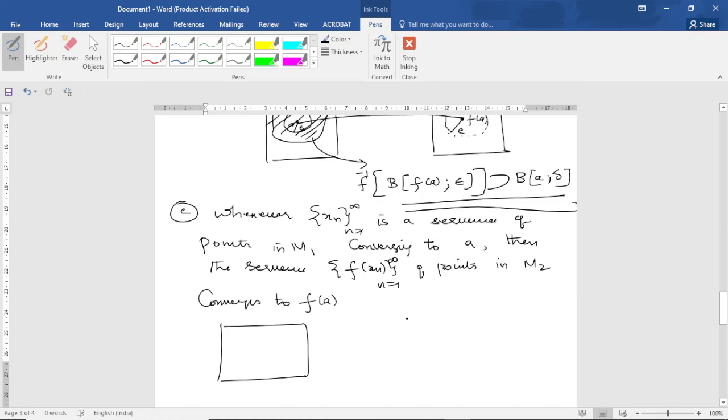This proof is the same as the proof for real valued functions. So simply you have to replace the absolute value by the corresponding metric symbol.